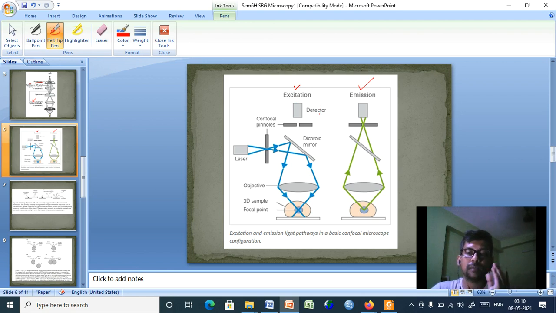Initially, it directs its image formation for a short portion of the sample. Simultaneously, there are so many slices of the sections, and ultimately the computer develops a three-dimensional constructed image of the specimen. So, in confocal microscopy, it reveals a 3D sample.